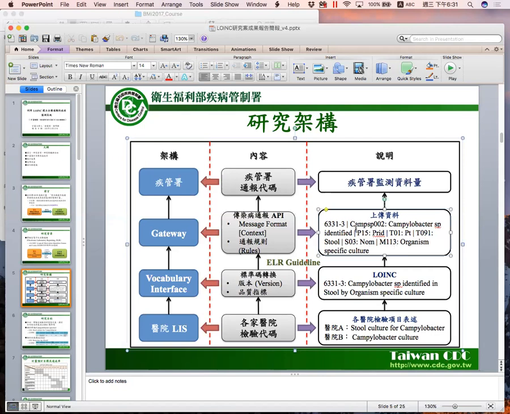So this is what we call the message syntax, and this is semantic. If we hope to reach interoperability in hospitals or in informatics, we need both semantic interoperability and syntax interoperability.